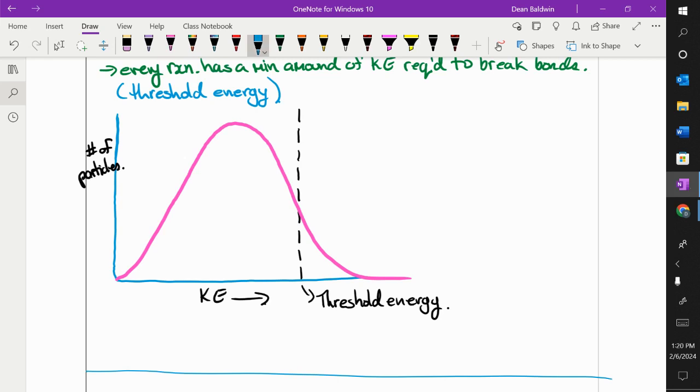Where are the molecules that have enough kinetic energy to react? They're on this side of the threshold energy. So the only ones that have enough energy to react are these here.